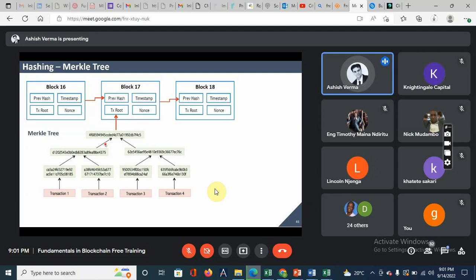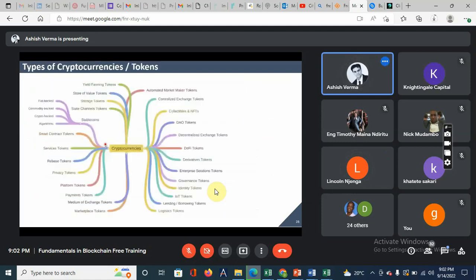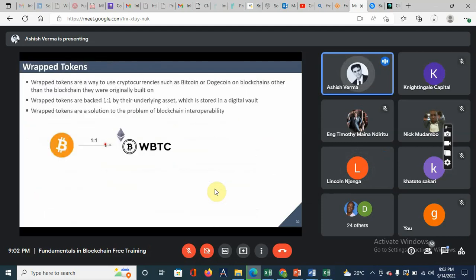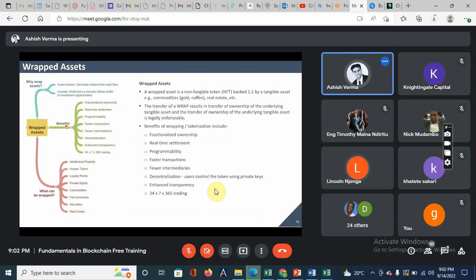Actually, a smart contract cannot be created against a physical asset. But yesterday we talked about a concept known as wrapped tokens, or wrapped assets. Let's say you have 1 kg of gold sitting with you. You can say, against this 1 kg of gold, I will issue 1000 coins.